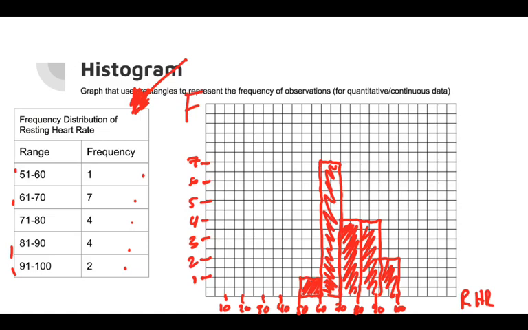Now you might look at this and say, well, what's the difference between a histogram and a bar chart? Well, histograms deal with quantitative or continuous data. And notice that my bars all share a common border, right? They're touching. Now, I didn't have any data here, but I could have maybe had some data way down over here.